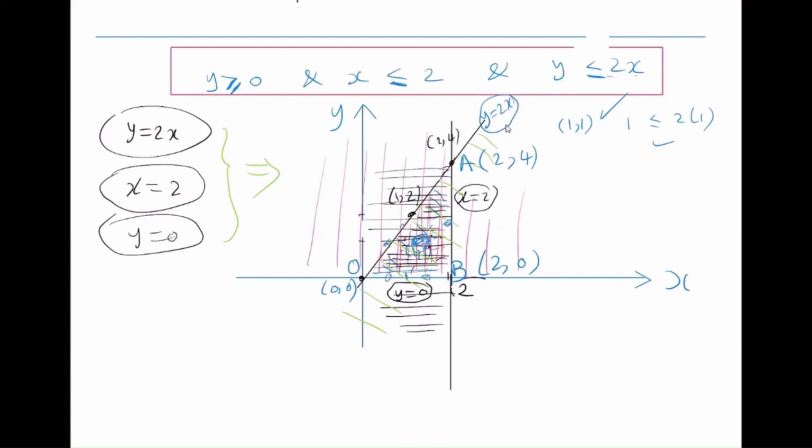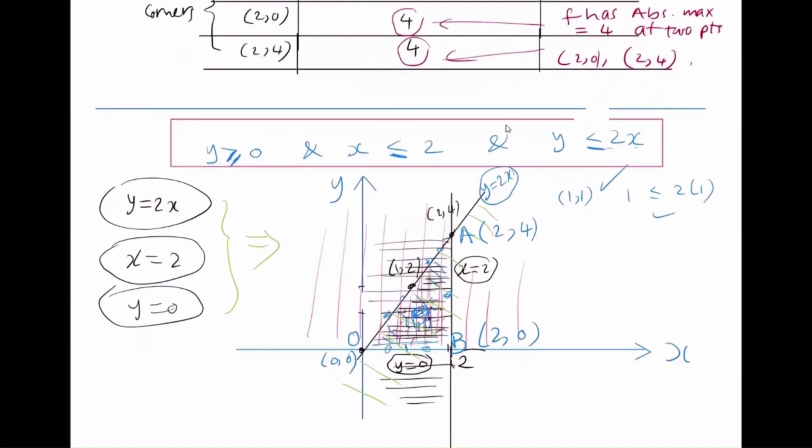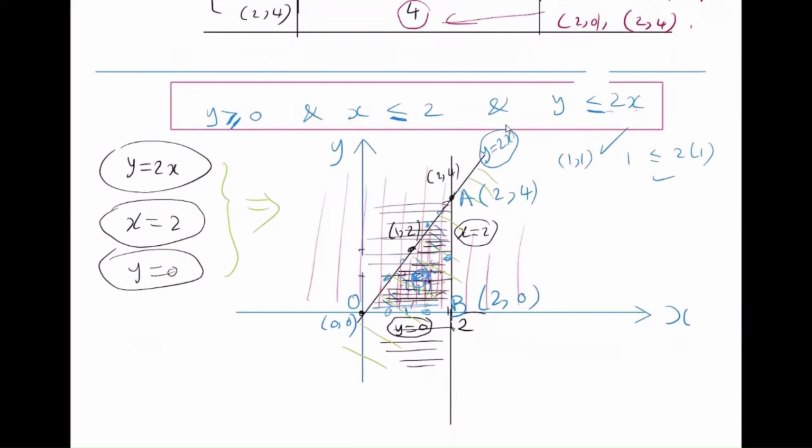It is a candidate for the absolute max and absolute min situation we have to deal with. It's very important to draw these lines carefully, determine these corners, and study as usual.